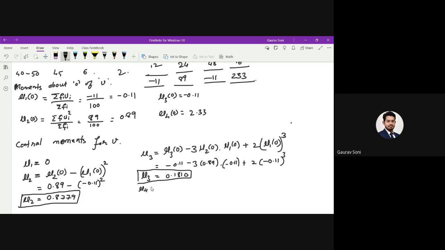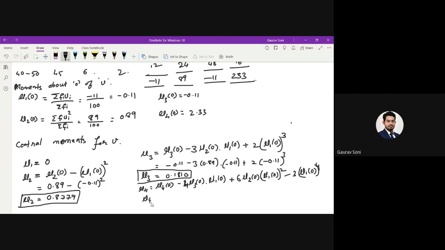Now mu4 is mu4 of 0 minus 4 times mu3 of 0 into mu1 of 0 plus 6 times mu2 of 0 into mu1 of 0 square minus 3 times mu1 of 0 raised to 4.